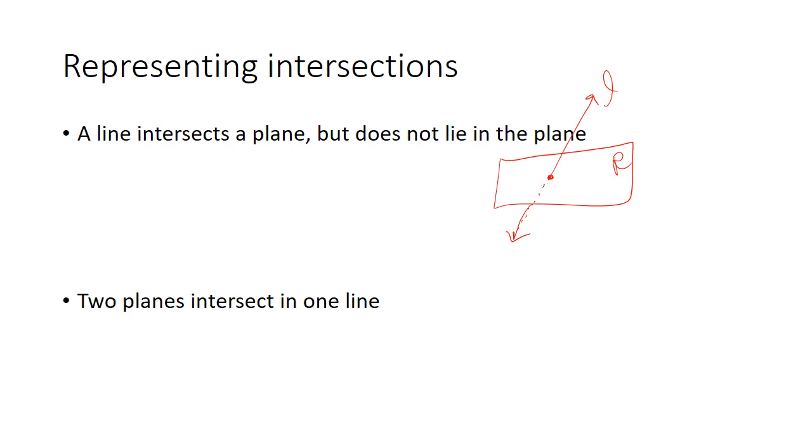Let's say that we've got 2 planes that intersect in 1 line. Now here's where my drawing skills are really going to come into play. So let's say I've got a plane right here, and I want to intersect it with a plane that comes right here. I'm going to make some adjustments to my lines here.